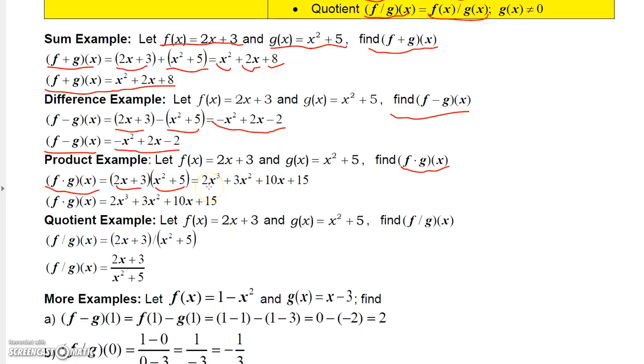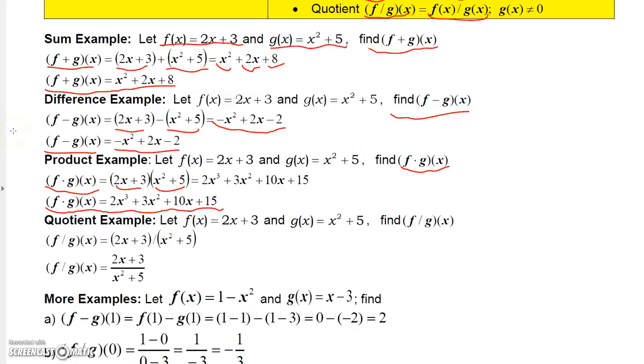And then you add like terms together, but there are no like terms, so the product function f times g of x would simply be 2x cubed plus 3x squared plus 10x plus 15.